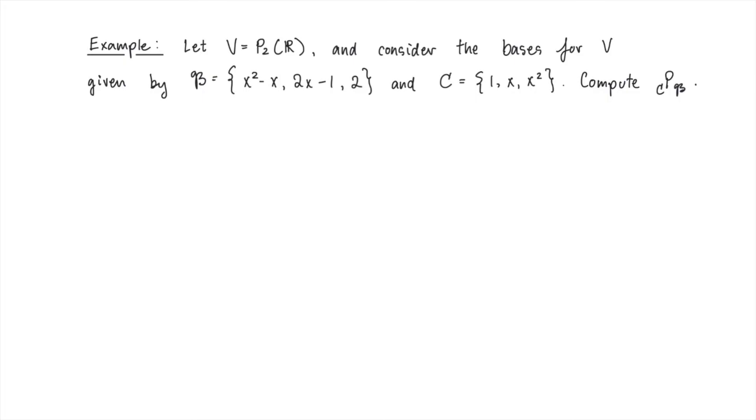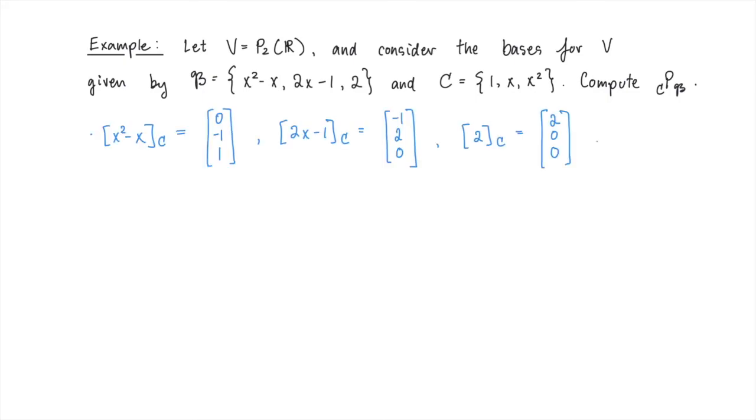To do this, we need the C coordinate vectors of each of the elements of B. We can easily check that the C coordinate vector of x squared minus x is 0, minus 1, 1. Also, the C coordinate vector for 2x minus 1 is just minus 1, 2, 0, and the C coordinate vector of 2 is just 2, 0, 0.